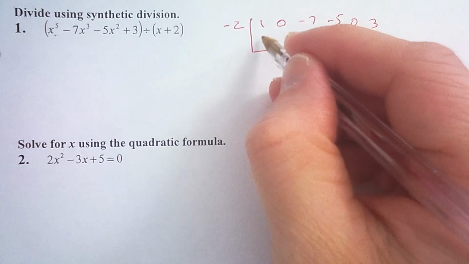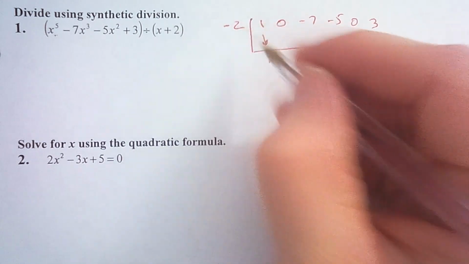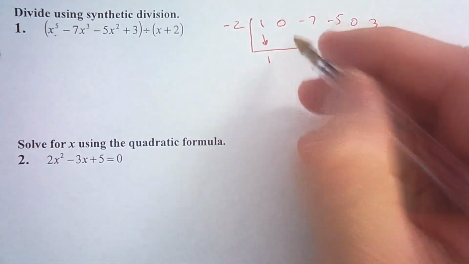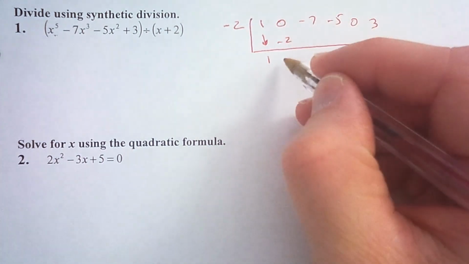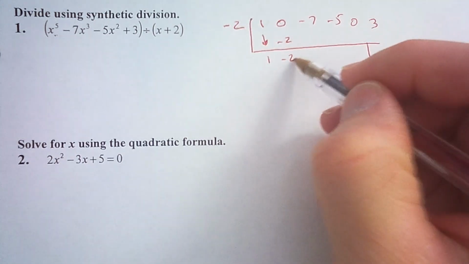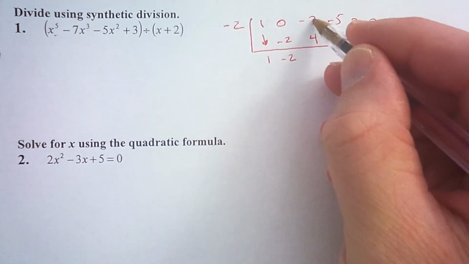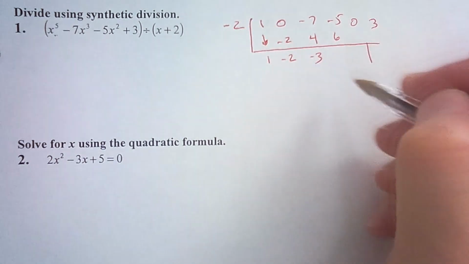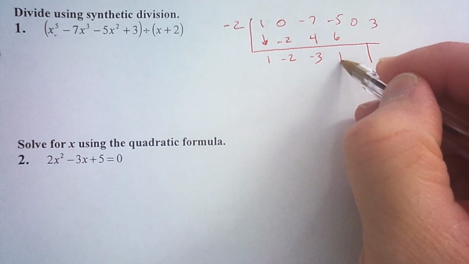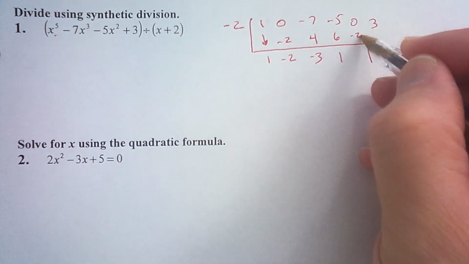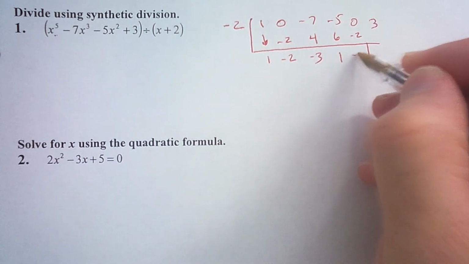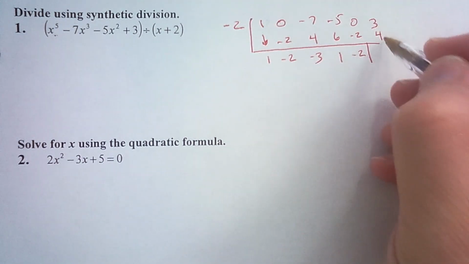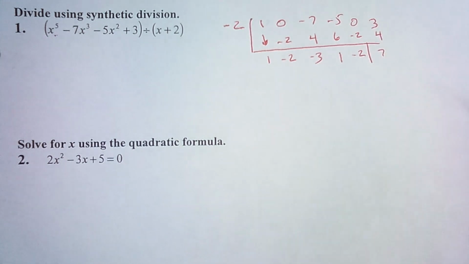So I start by bringing down the 1, and then I multiply and add over and over until I get to the end. So I multiply and get negative 2, add and get negative 2, multiply and get 4, add and get negative 3, multiply and I get 6, add and I get 1, multiply, negative 2, add, negative 2, multiply, 4, add, and I get 7.